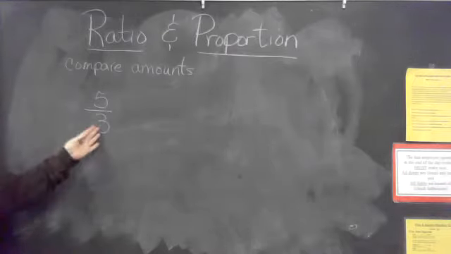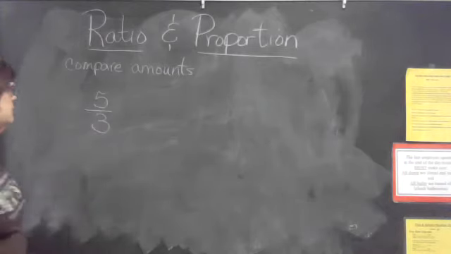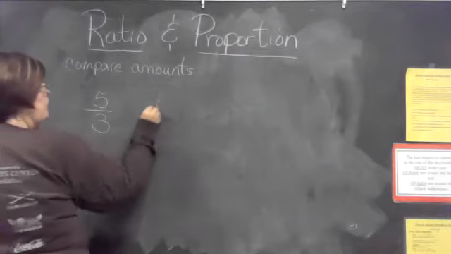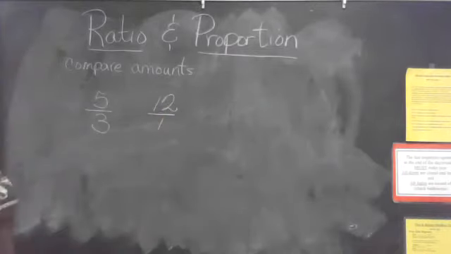Don't change ratios to mixed fractions. Also, if you happen to come up with a ratio of 12 to 1, do not change it to a whole number. Leave a ratio as a fraction.